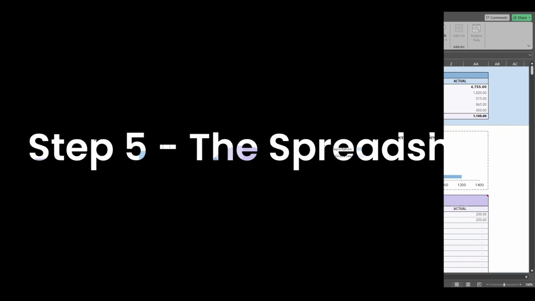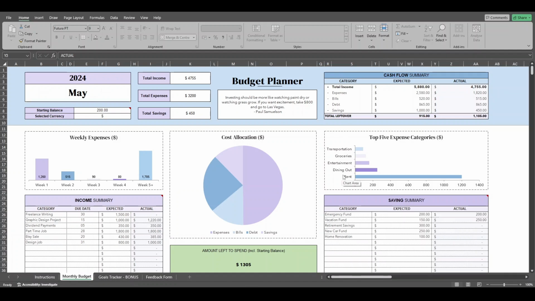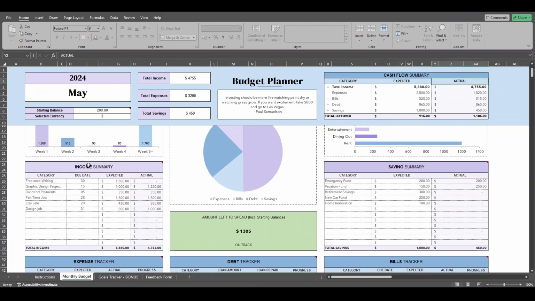And now step 5, the spreadsheet. So finally you can start filling the information that you need to get this spreadsheet up and going. So if we come to the income summary, we can see that you can input the categories based on any income that you have, based on whatever paychecks that you have, very quickly and easily.